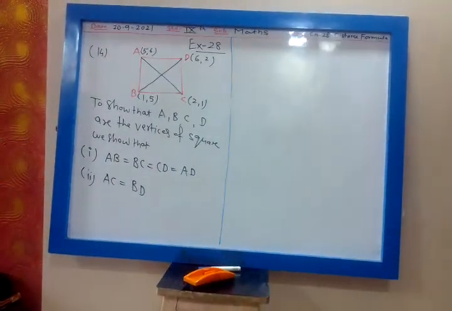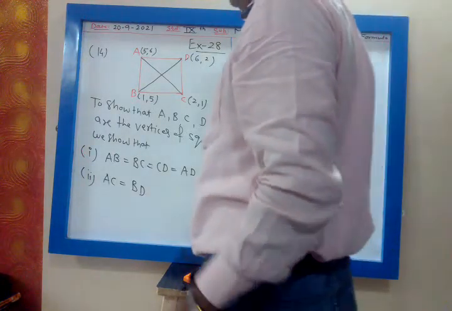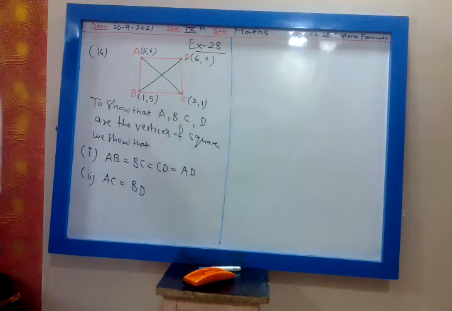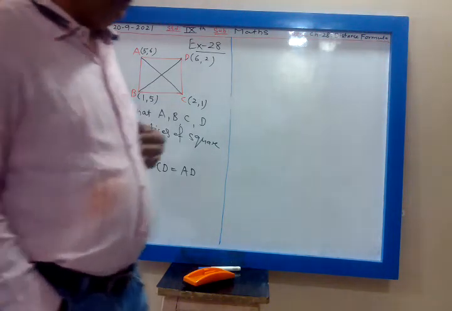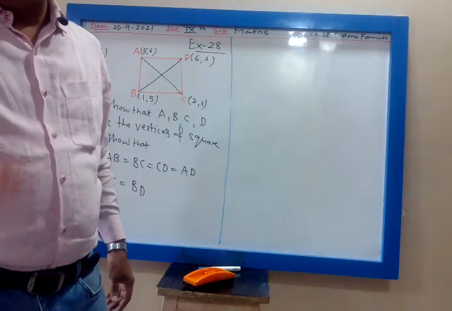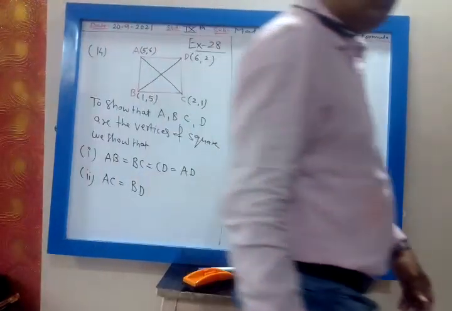What is the distance formula? Square root of (x2 minus x1) square plus (y2 minus y1) square. And distance is never negative. Chalo, do it. Take 2 minutes.